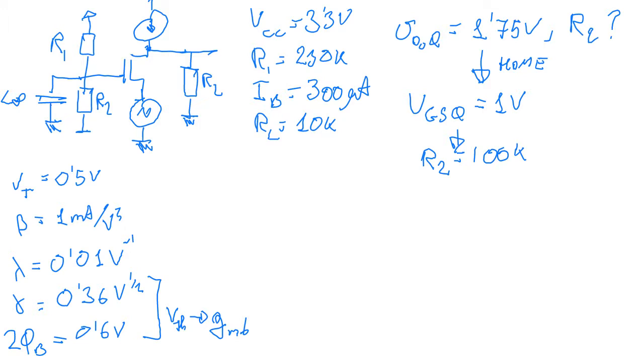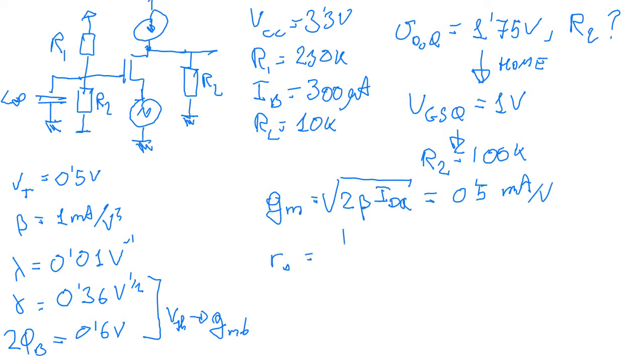And then with that, we calculate the transconductance, which is gm, as the square root of 2 beta times the bias current at the quiescent point, which is 0.5 milliamps per volt.